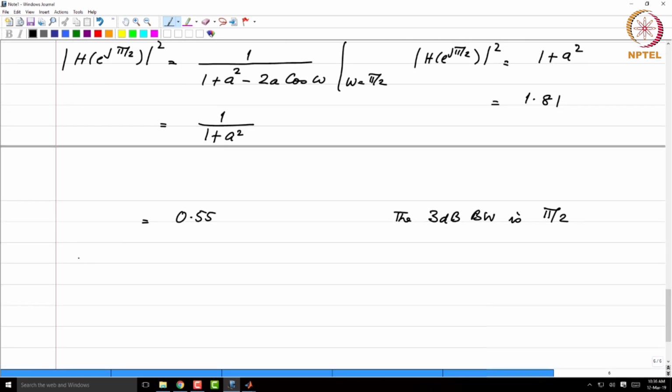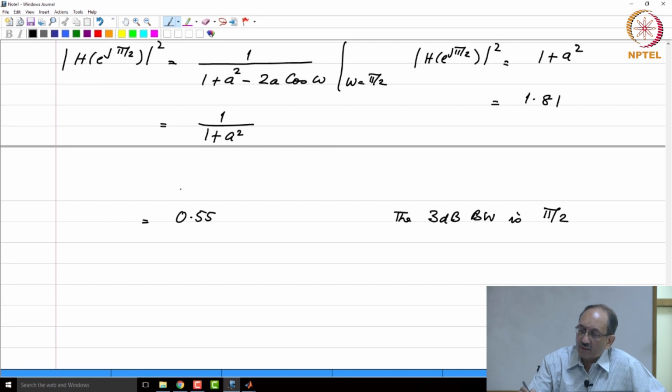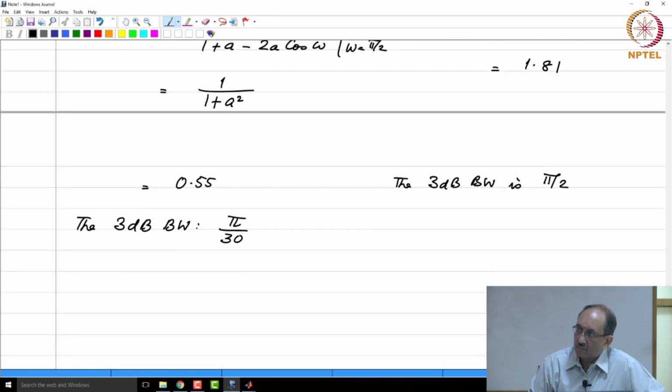And for the low pass filter realized using the single pole, you will find that the 3 dB bandwidth is pi by 30. So, this is something you should verify later. In this case, the 3 dB bandwidth is pi by 30. So, this is part of this exercise you need to carry out.